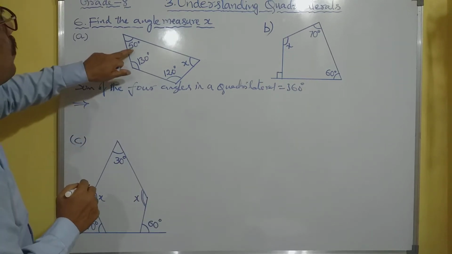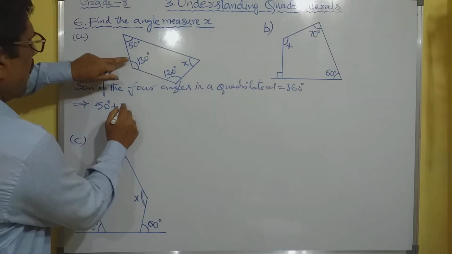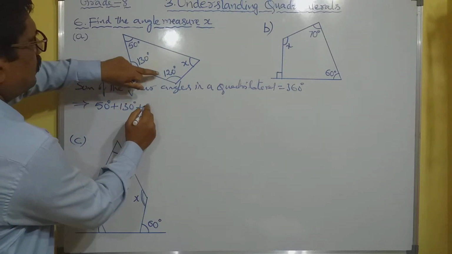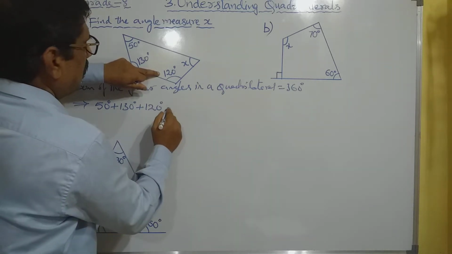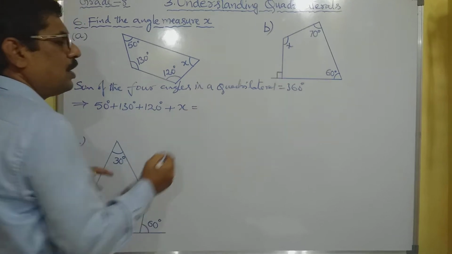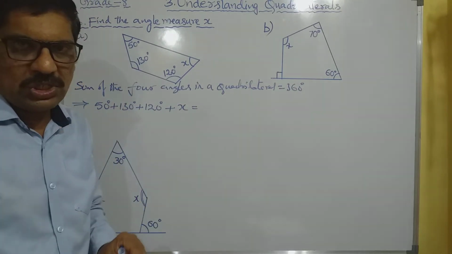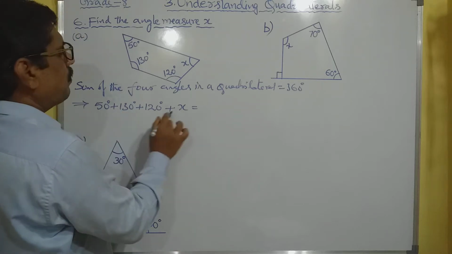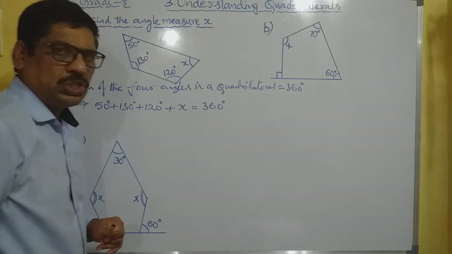You see, first angle is 50 degrees, second angle 130 degrees, third angle 120 degrees, and the fourth angle, which is unknown, is x. The sum of all the four angles of a quadrilateral is 360 degrees. So we have to equate the sum of all these angles to 360 degrees.